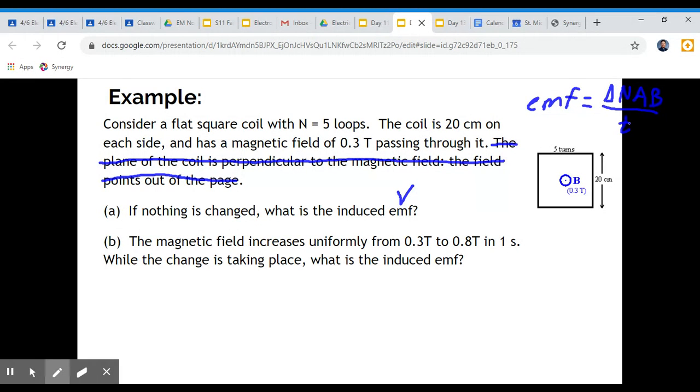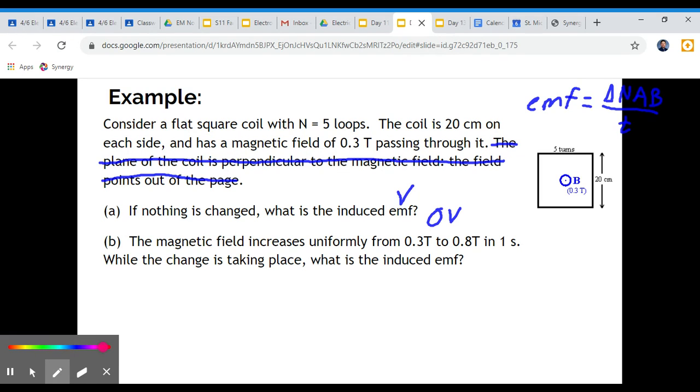Well, if nothing is changing, basically we're not doing anything over a period of time. So what this would end up doing is it would end up making your time 0 seconds. And we can't have that. So what we would end up having is we would just have 0 volts induced. Because if we're not changing anything in a certain amount of time, your electromotive force is just going to be 0.